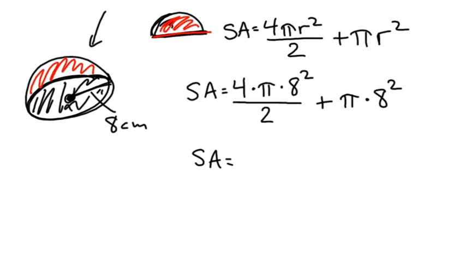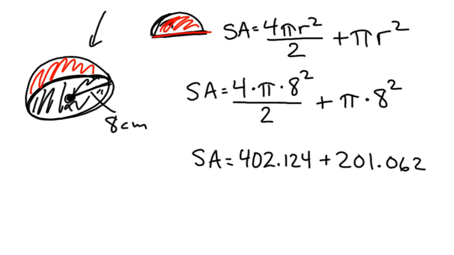So 4 times pi times 8 squared, and then I divide that by 2 to figure out the rounded portion. The rounded portion here is 402.124 plus pi times 8 squared. So pi times 8 squared gives us 201.062.